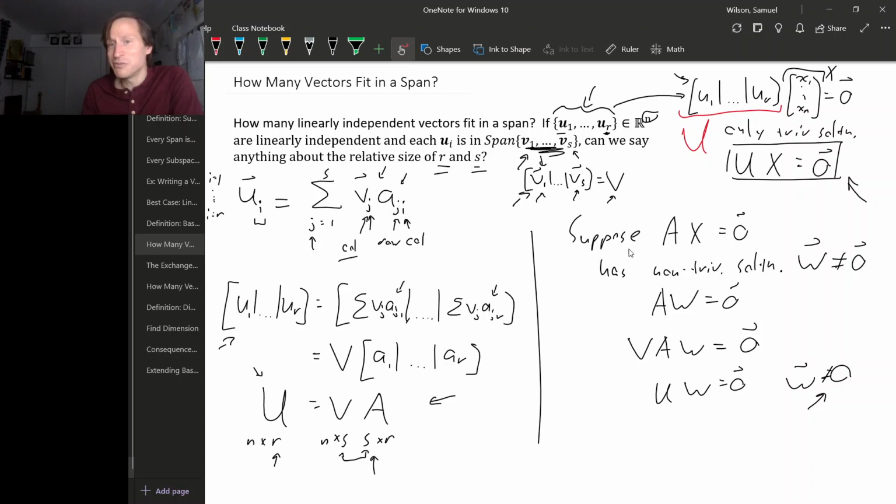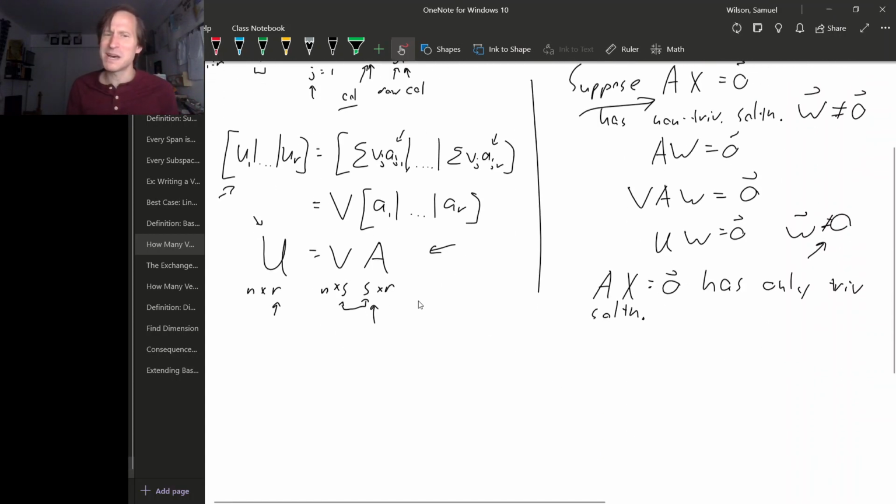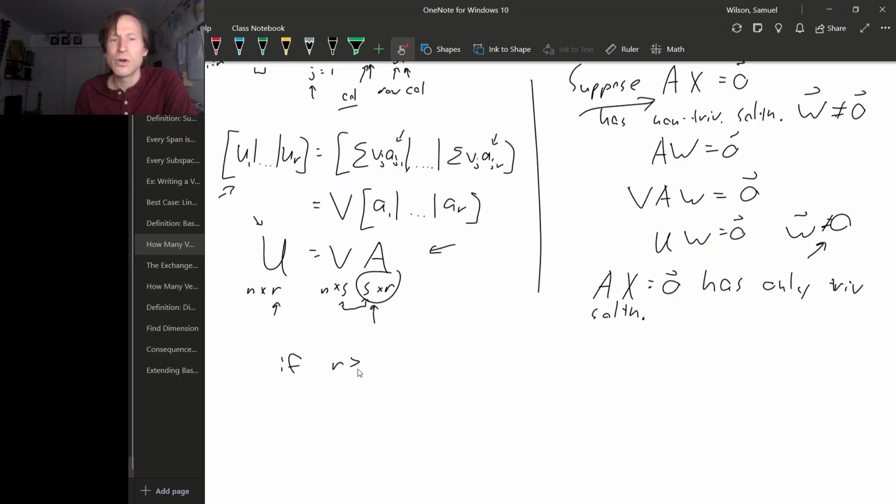So the assumption we made was that A times X has a non-trivial solution. So that means that this assumption was wrong. A times X equals 0 must have only the trivial solution. But that tells us something about the size of the matrix A. Remember that something we proved a long time ago is if a matrix has more columns than rows, then this equation has a free variable, right?